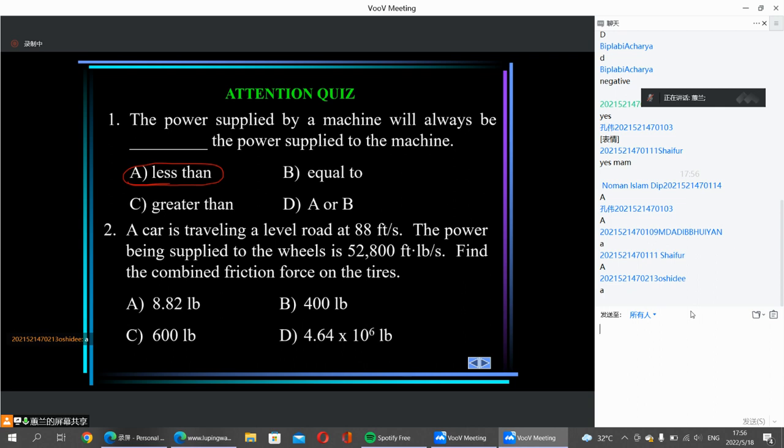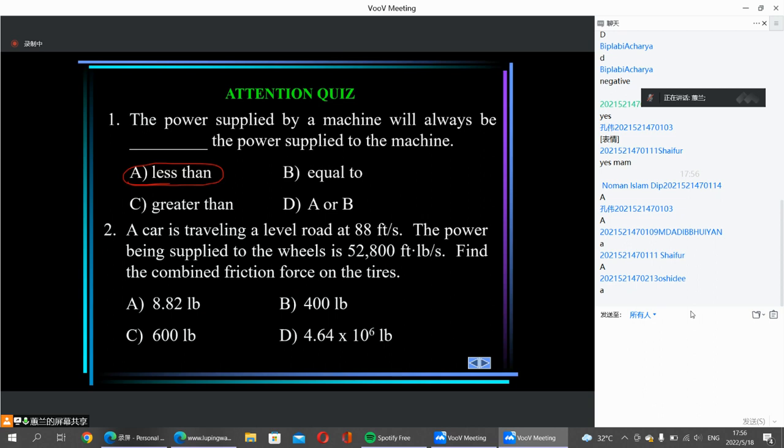A car is traveling on a level road at 88 feet per second. The velocity is given. The power being supplied to the wheels is given. Find the combined friction force on the tires. Again, the friction forces actually provide the power.